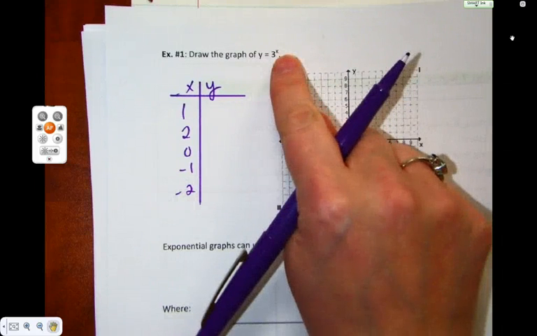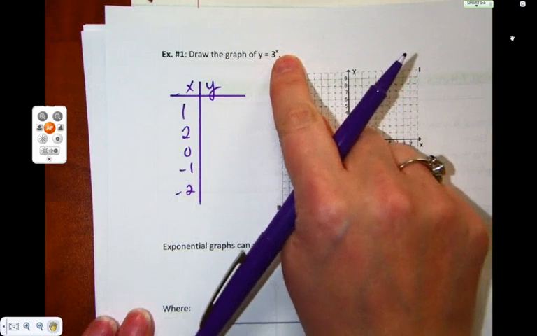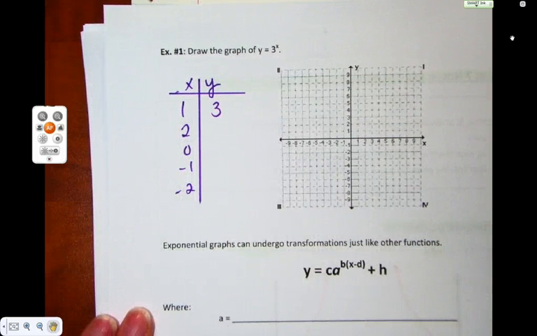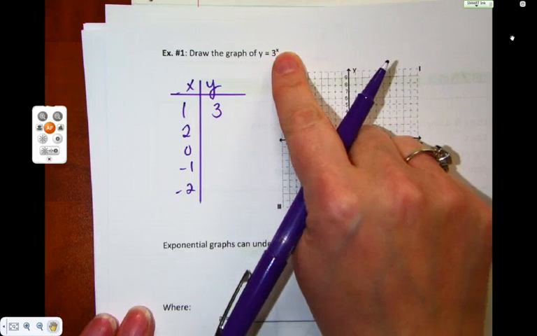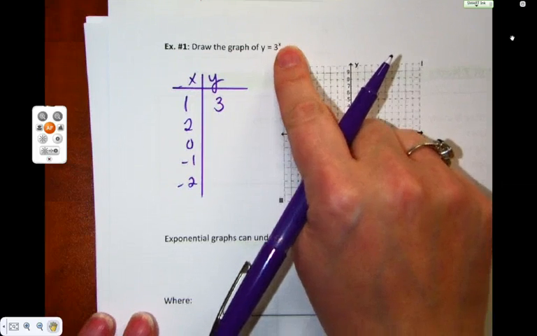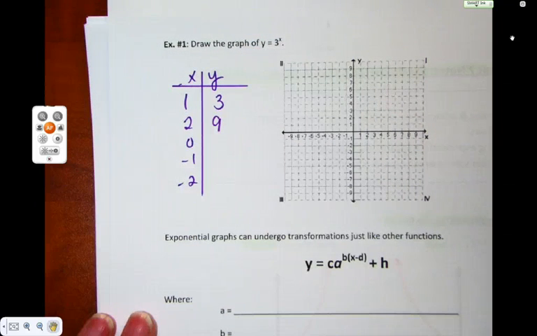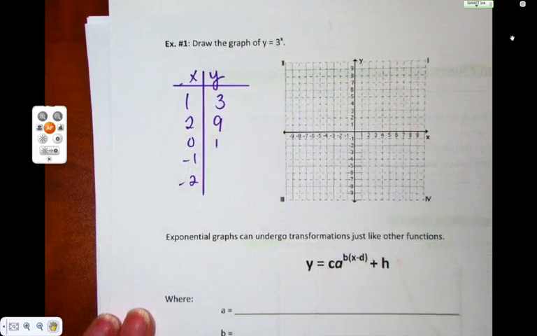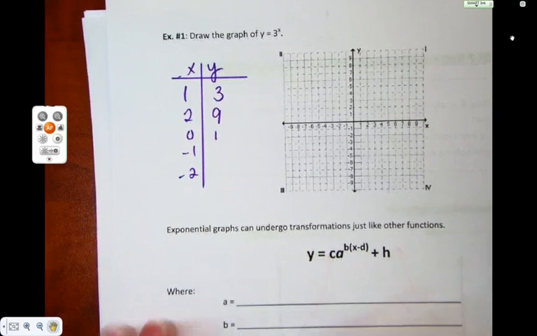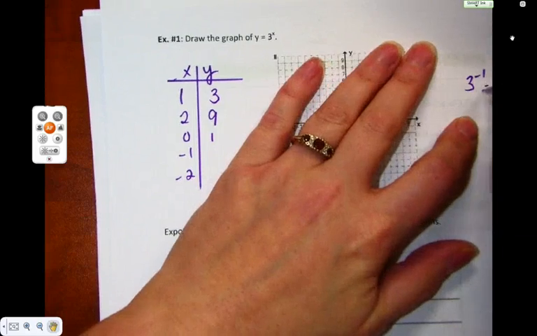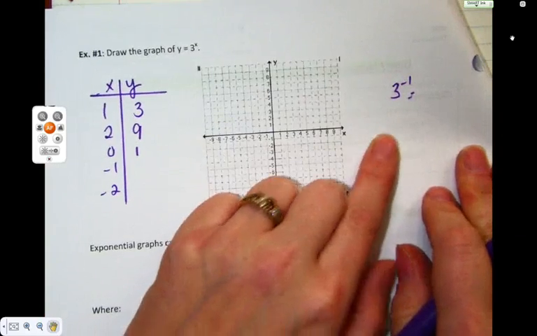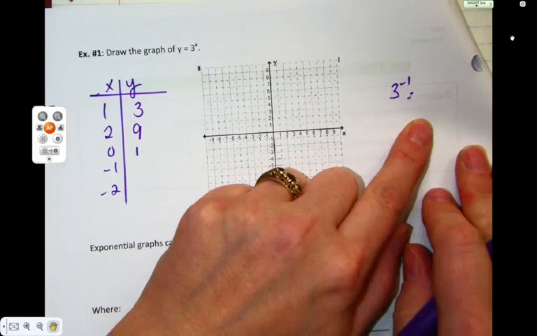Okay, so putting x as 1, 3 to the 1. Putting in 2, 3 to the 2. 3 to the 0. 3 to the negative 1. So we'll just do that one off to the side. Okay, exponent law says if you have a negative exponent, what happens over here?